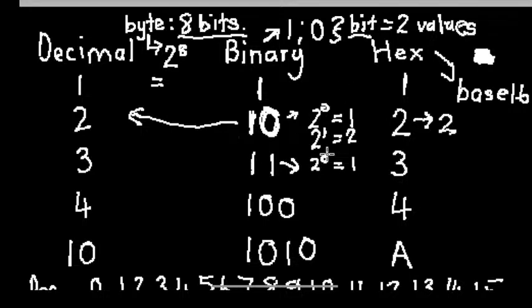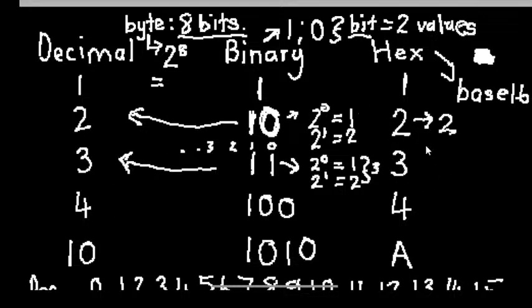So we've got 2 to the 0, which is 1. And then we've got 2 to the power of 1, which is 2. And then to convert it to a decimal we add that up and we get 3. And that's why 11 in binary is 3 in decimal.